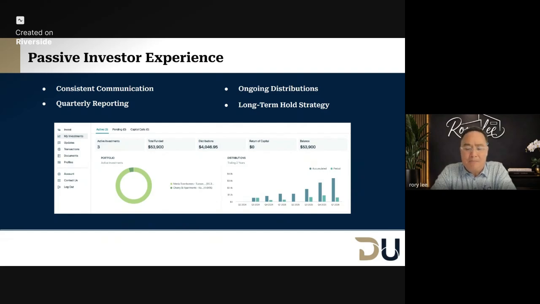We use a software system called Syndication Pro that manages hundreds of millions of dollars in syndication money. It probably takes anywhere from 10, 15 minutes to at most 30 minutes to get signed up. Once you're signed up and decide to do it, all you've got to do is send the money and you're in, and it's super simple.